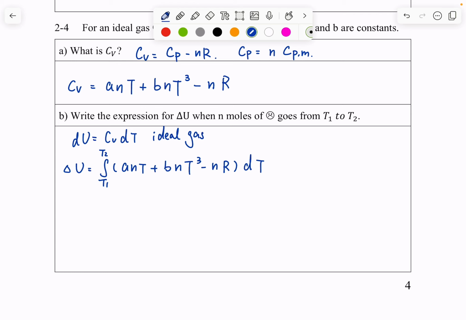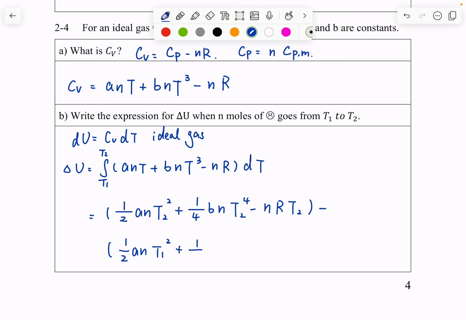That's effectively solving this integral as a math problem. So we have 1/2 An T2 squared plus 1/4 Bn T2 to the fourth minus nR T2, minus the initial temperature terms: 1/2 An T1 squared plus 1/4 Bn T1 to the fourth minus nR T1.